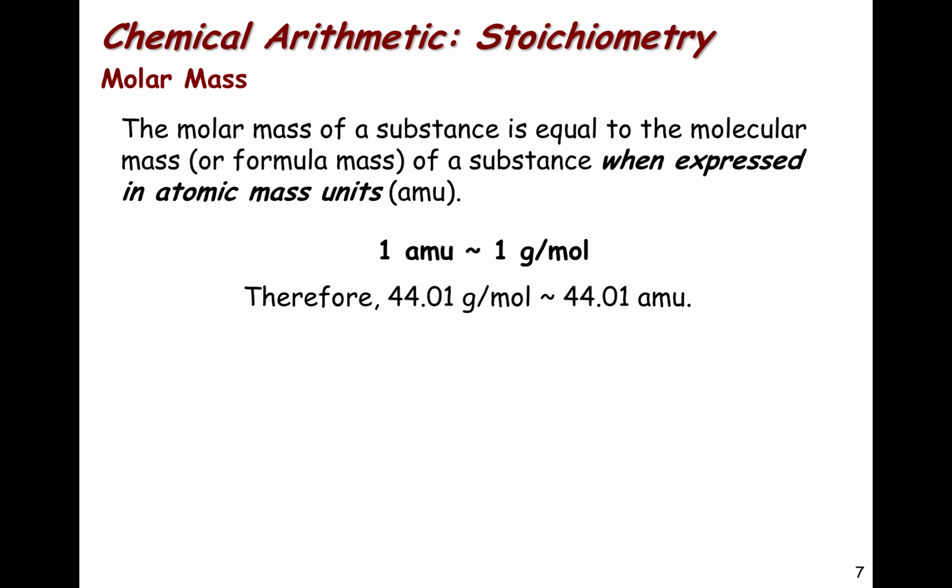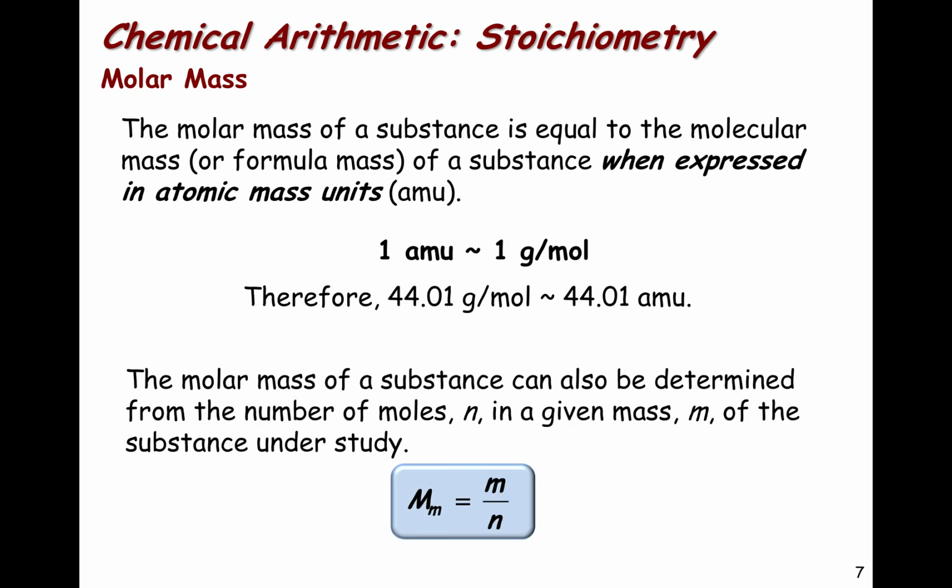It also has a value of 44.01 AMUs. The general formula for the molar mass of a substance is given here. Molar mass is the mass divided by the number of moles. Turns out the value of the molar mass is a convenient conversion factor between mass and moles.